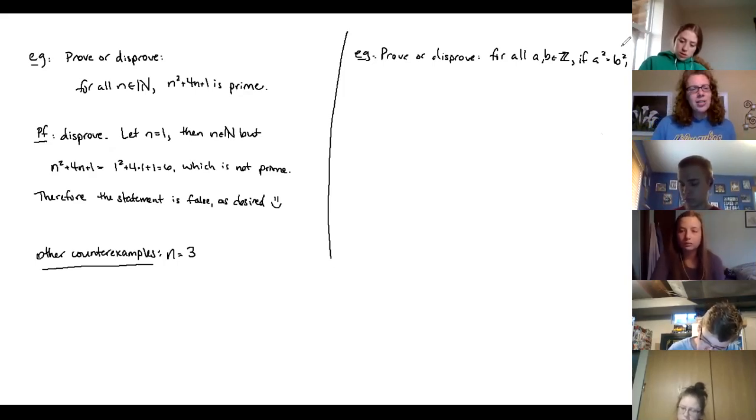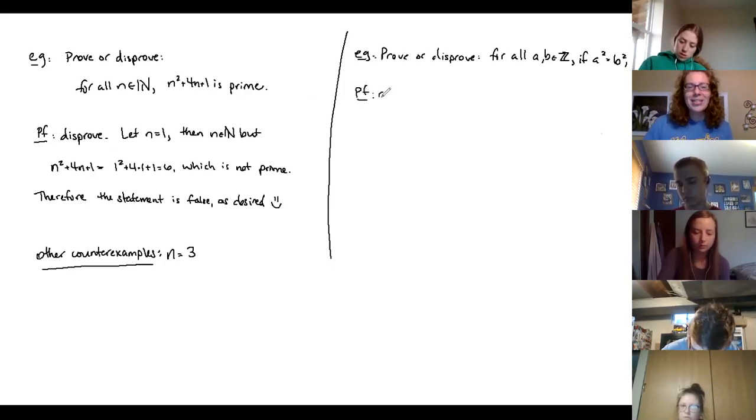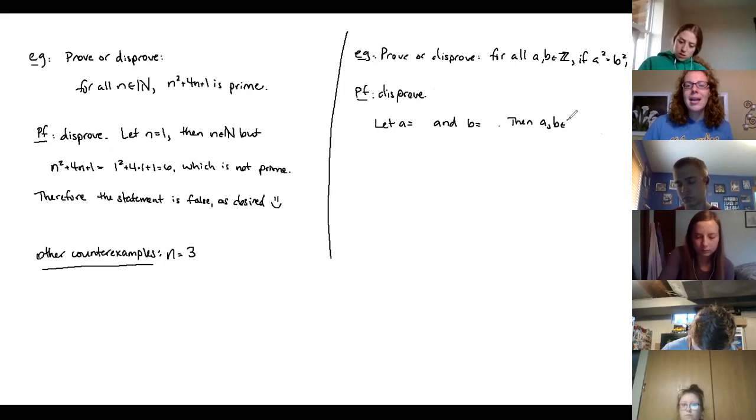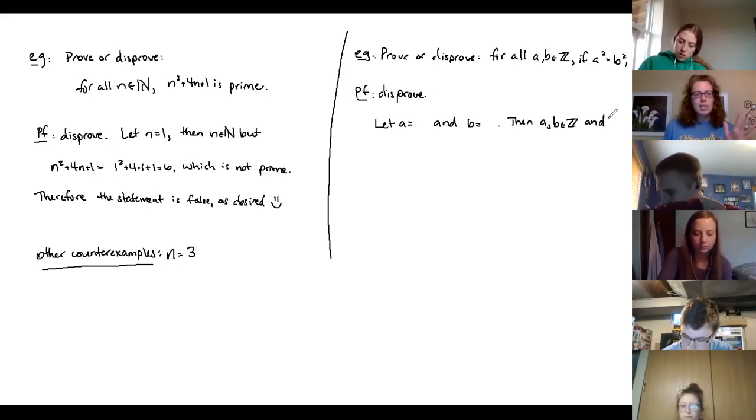So again, we're in this section. We are going to probably do a disproof. So disprove. All right, so we need to let a equal something and b equals something. And then we're going to say then a and b live in the integers. We need to make sure we pick integers.